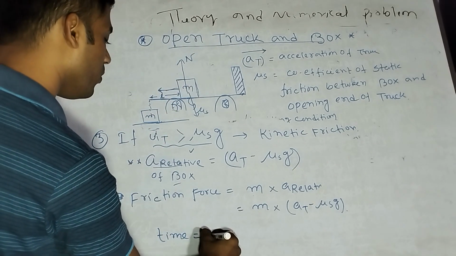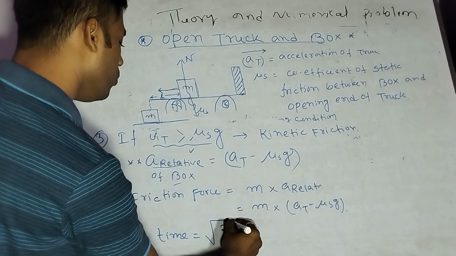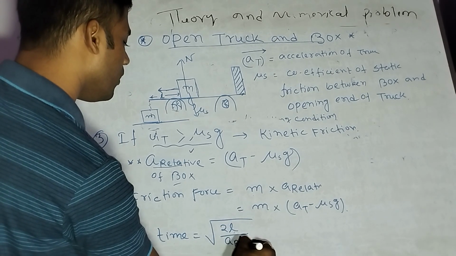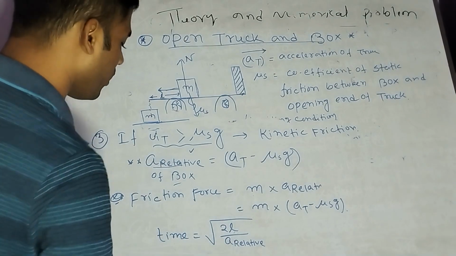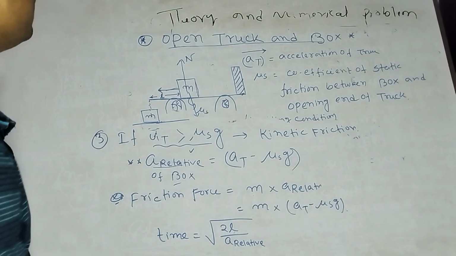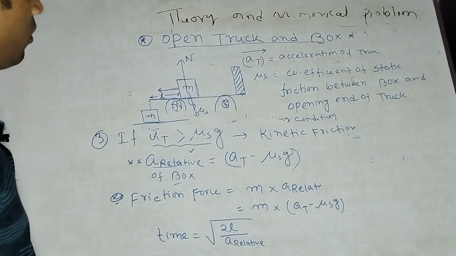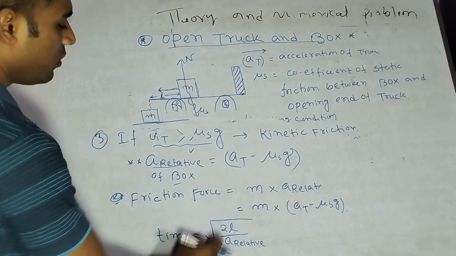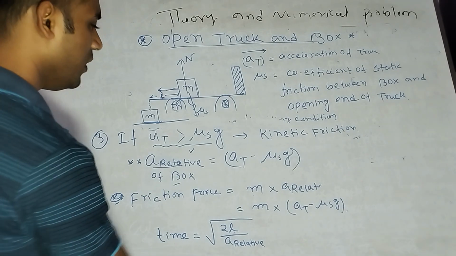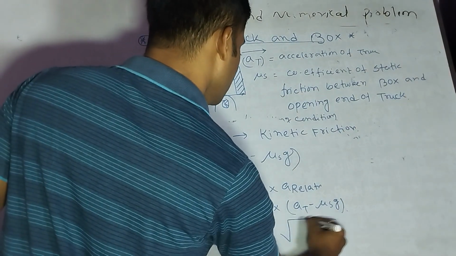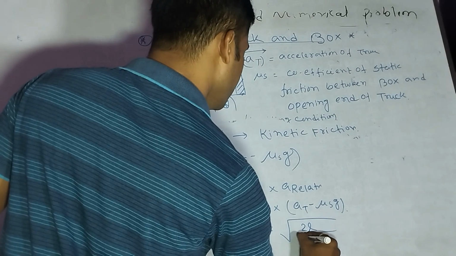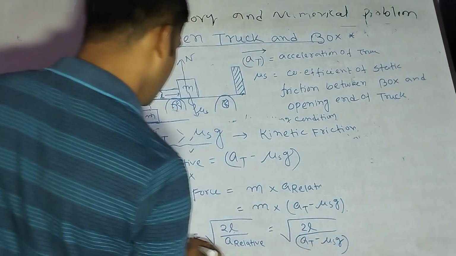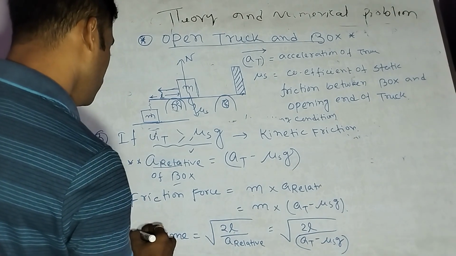The time taken formula is root over 2L by A relative. This is the formula for the time in which the box will fall on the ground from the opening end of the truck. That means root over 2L divided by A relative, where A relative is the acceleration of the truck minus mu s g. This is the value of AT, and this is the time value.